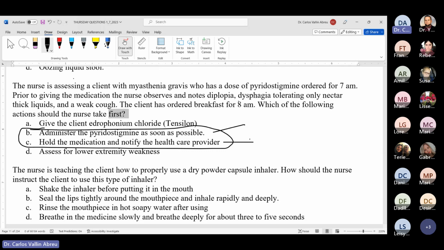What is the advantage of withholding the medication and notifying the healthcare provider? We avoid aspiration and we communicate to the healthcare provider that the patient is deteriorating and has intense weakness. What is the disadvantage? The client cannot have breakfast, because without the medication the client is going to stay very weak.